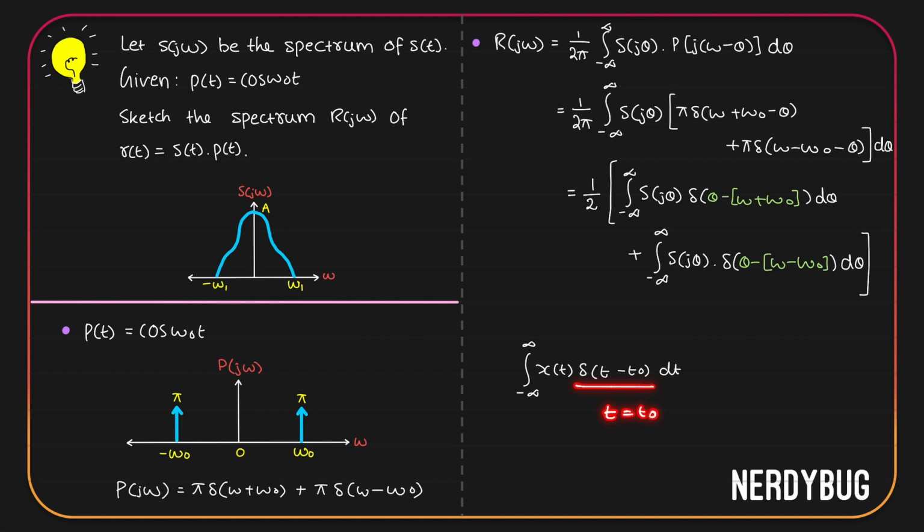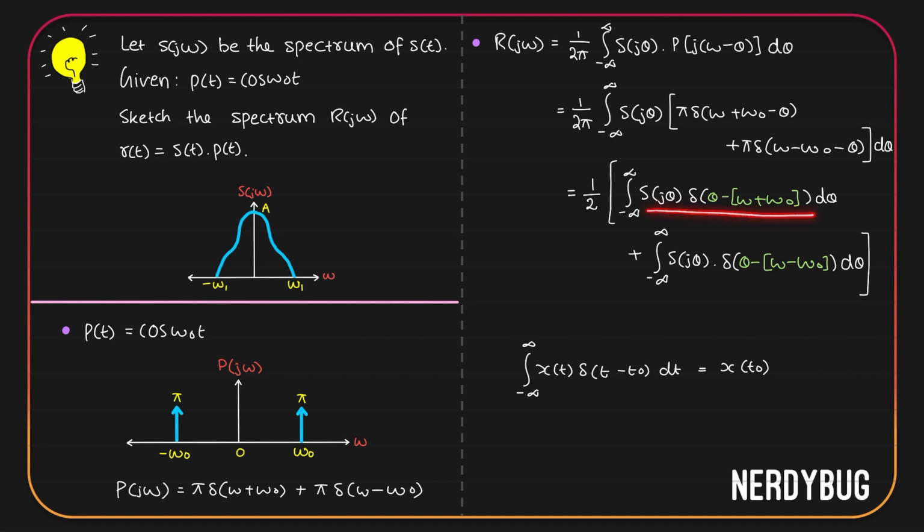At every other value of t, it is going to be 0. So you don't really have to integrate everywhere because except at t equal to t naught, this product is going to be 0, because delta of t minus t naught is 0 everywhere else. So all you have to do is take the value of the product at t equal to t naught, that is x of t naught.